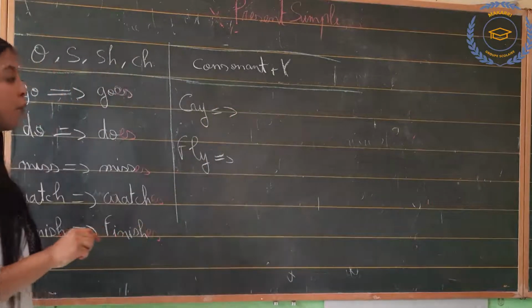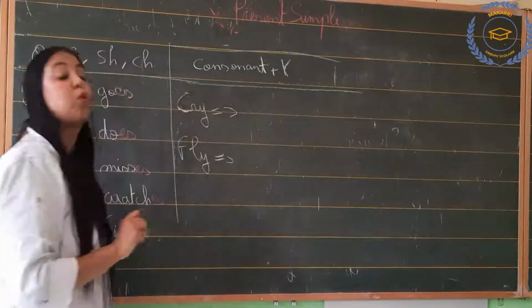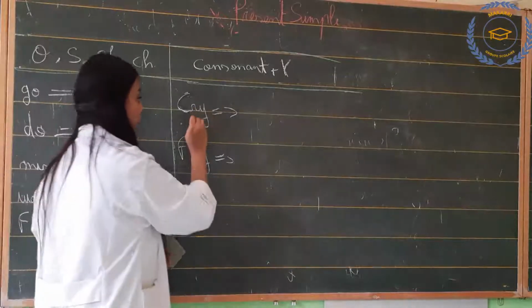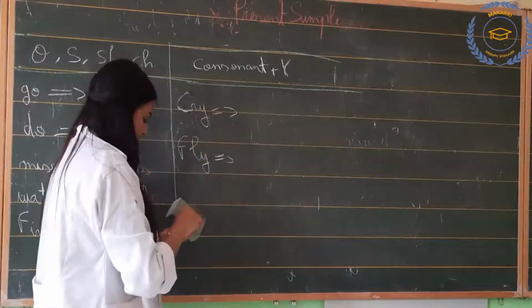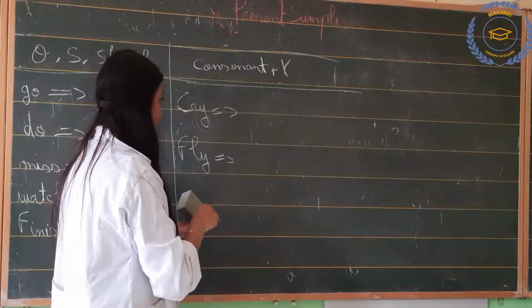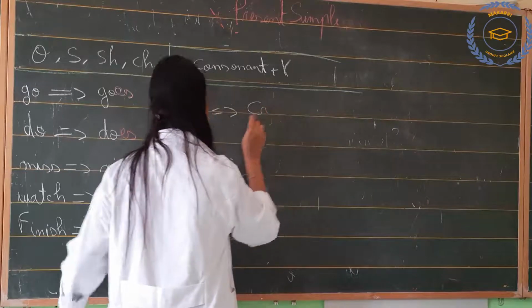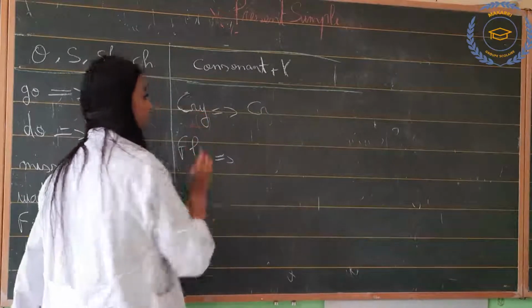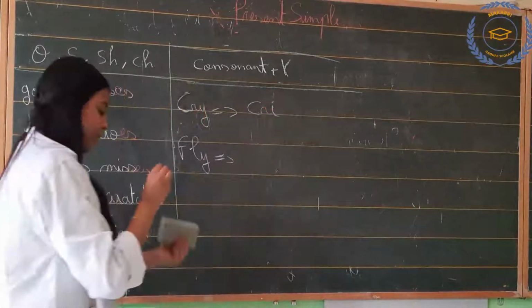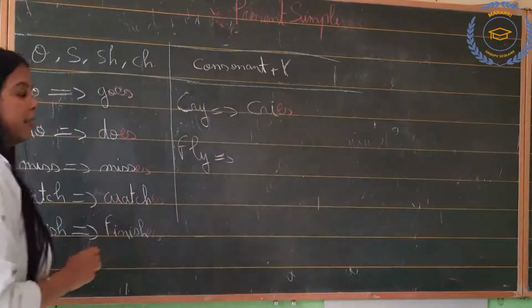I cry, you cry, but he cries. The y turns to i. Okay, let me show you. Cry. The y turns to i, and then we add es. Cries.